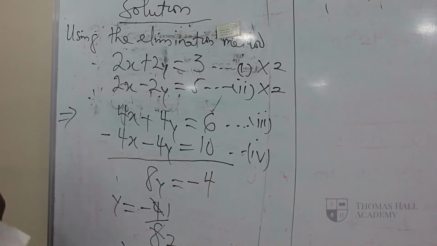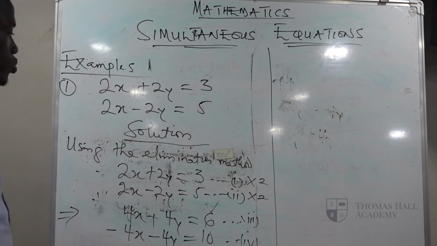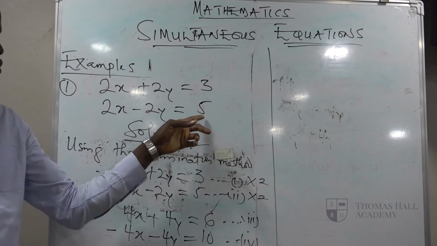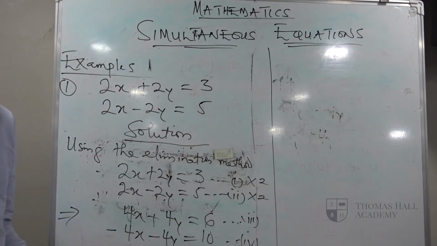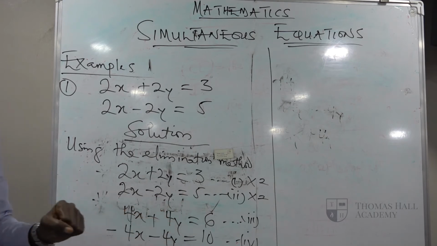Now, how do we get x? We have gotten the value of y. What do we do next? What we do next is substitute for y in any of these equations. We can substitute for y in either equation 1, equation 2, equation 3, or equation 4.